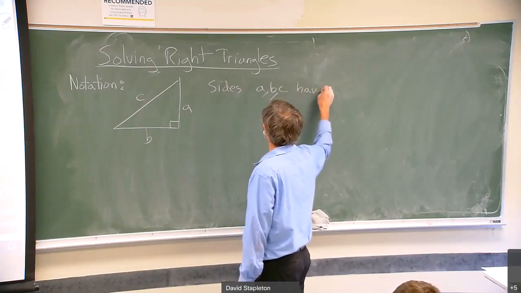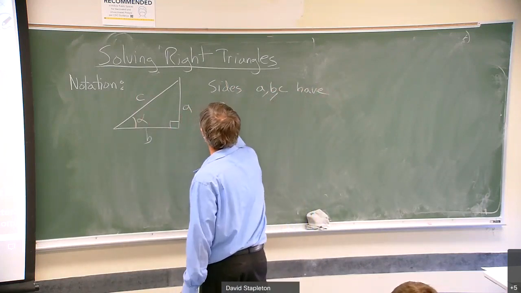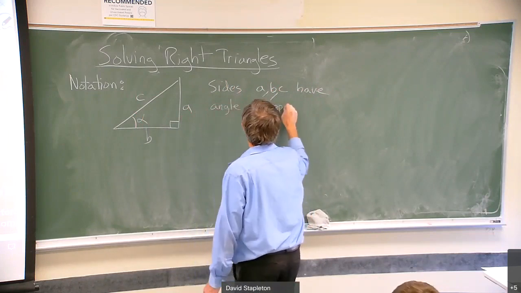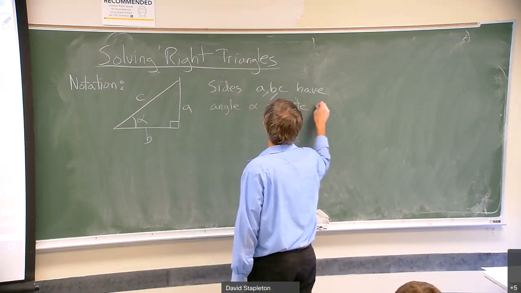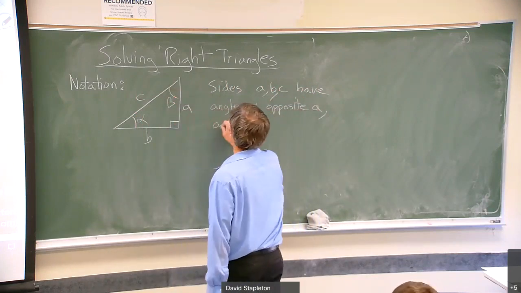have the following construction. We'll put angle alpha opposite a. Angle beta will go opposite b.